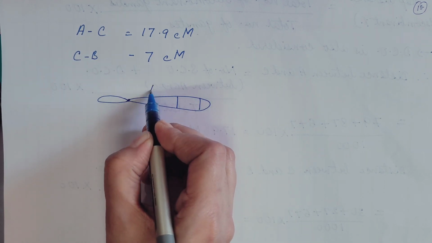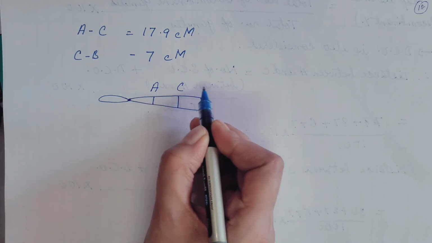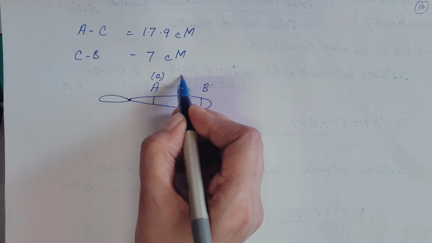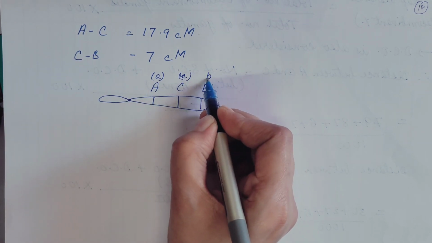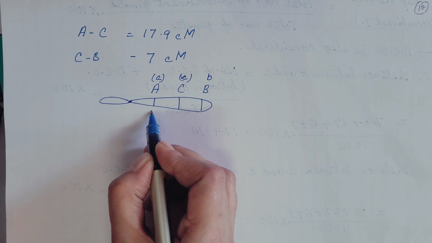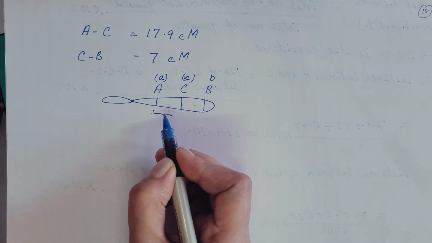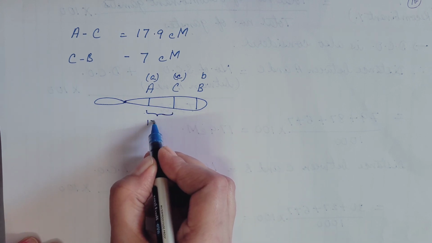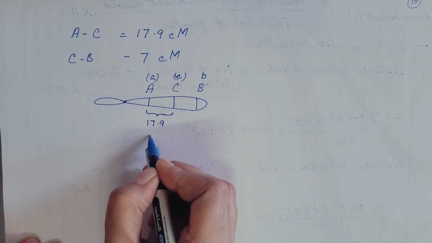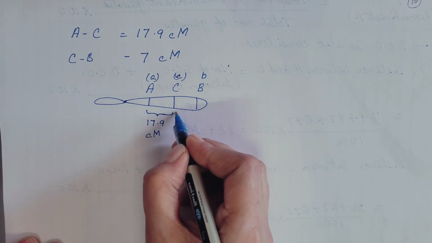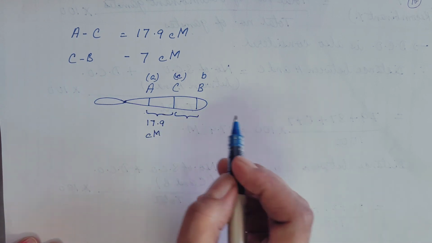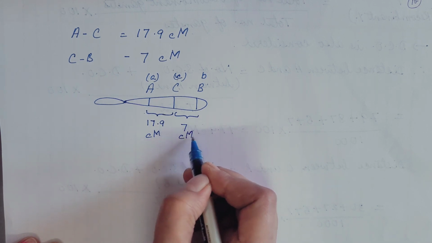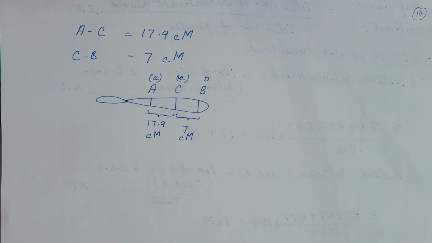So this is A, C, B. The distance between A and C is 17.9 centimorgan and the distance between C and B is 7 centimorgan. So this is all for today's video.